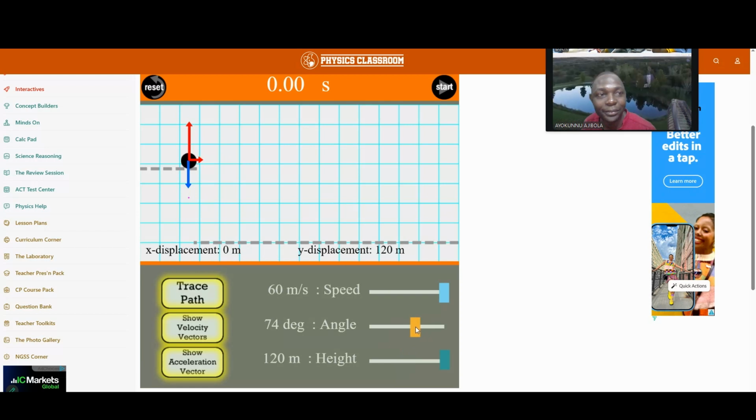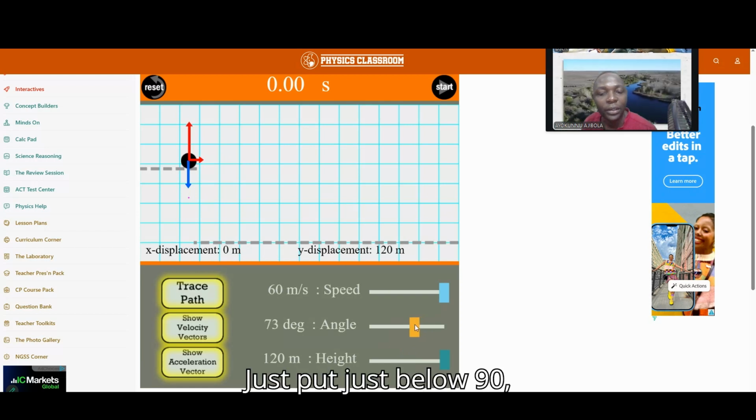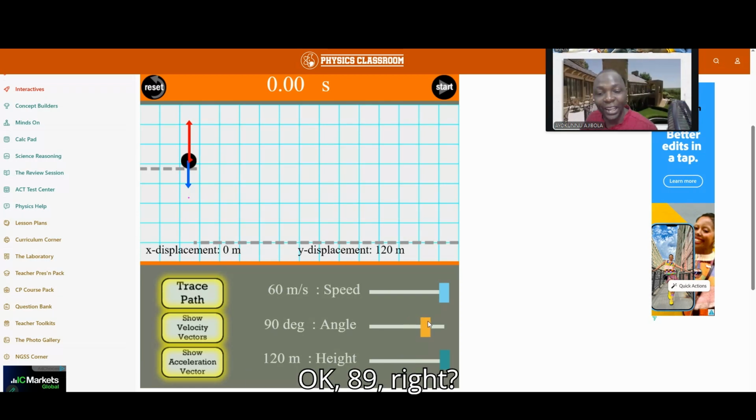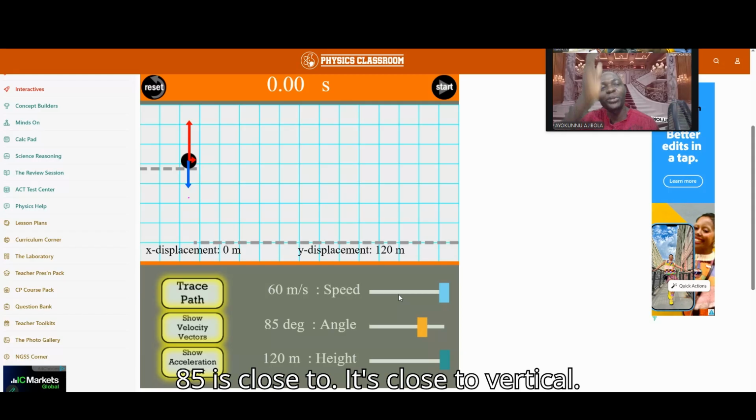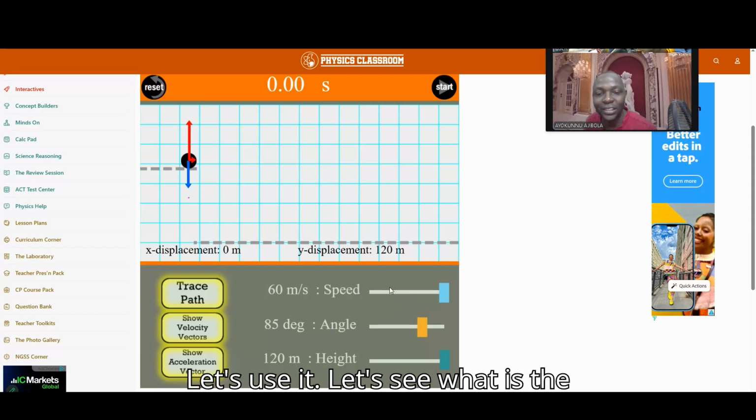Choose below 90. Okay, 89? Sir, use 85. Yes, sir. 85 is close to vertical. Let's use it. Let's see. What is the speed? Highest speed?